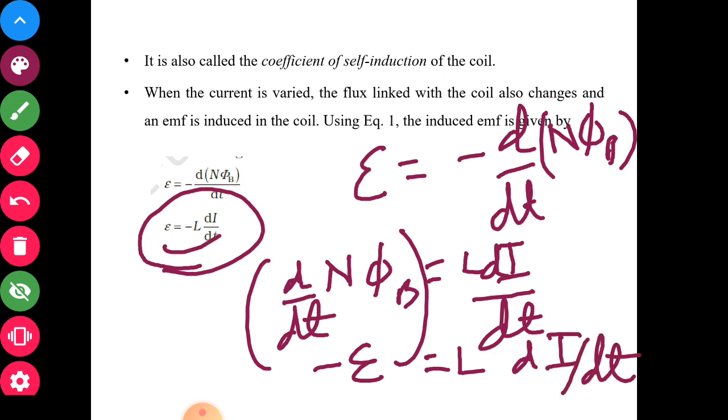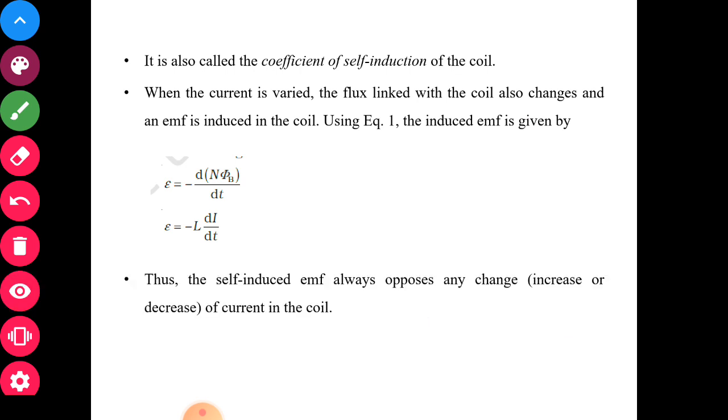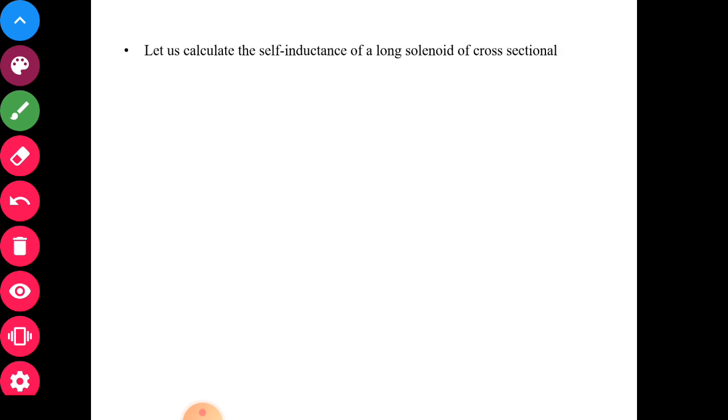So E is equal to minus L dI by dt. Thus the self-induced EMF always opposes the change, that is the increase or decrease of current in the coil. Whatever self-induced electromotive force is produced opposes the very cause, because of the minus sign. The very cause means either an increase or decrease in the current in the coil, so it has a property like inertia.